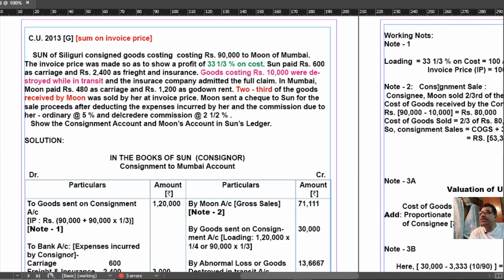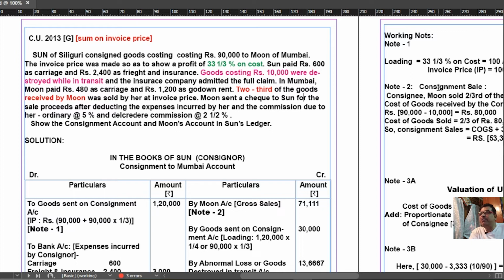Son paid rupees 600 as carriage and rupees 2,400 as freight and insurance. Goods costing rupees 10,000 were destroyed while in transit.